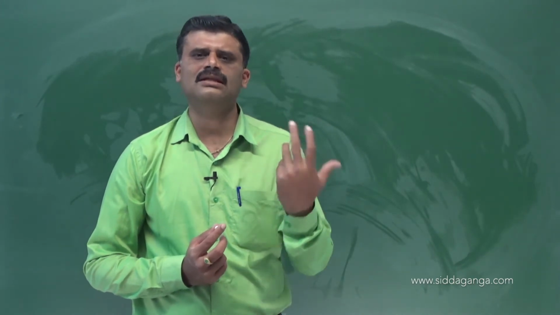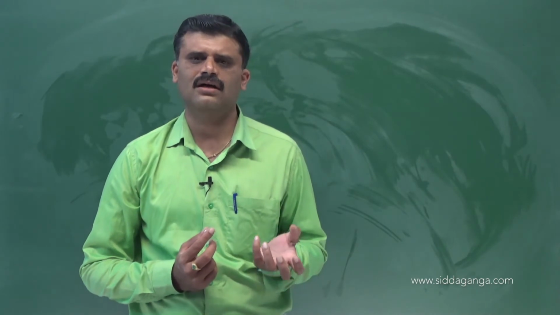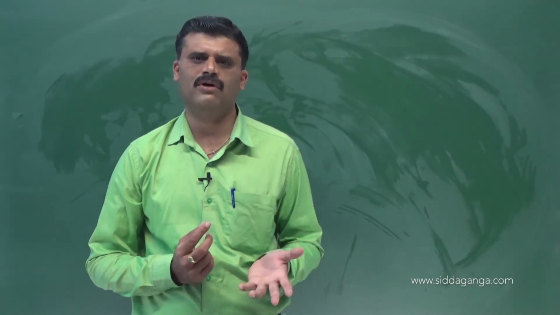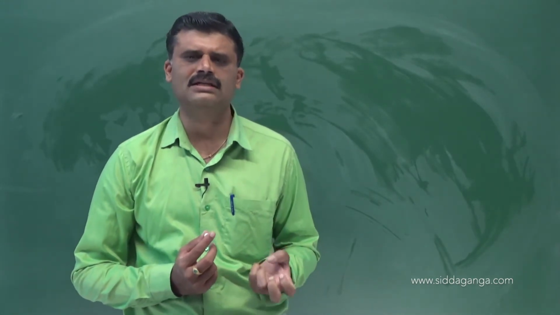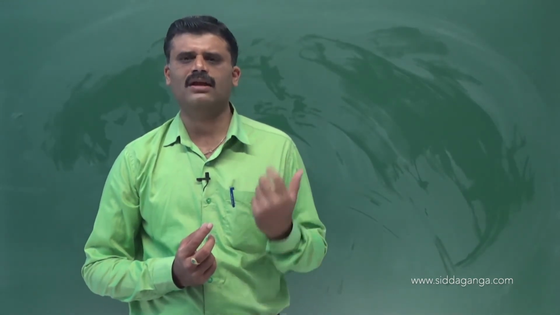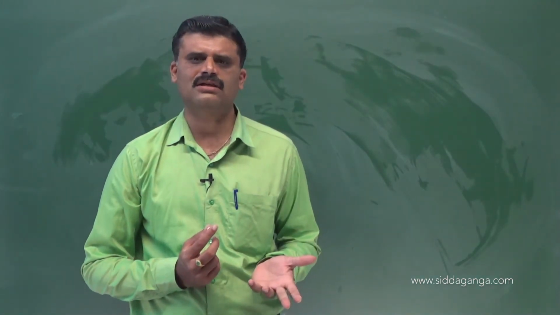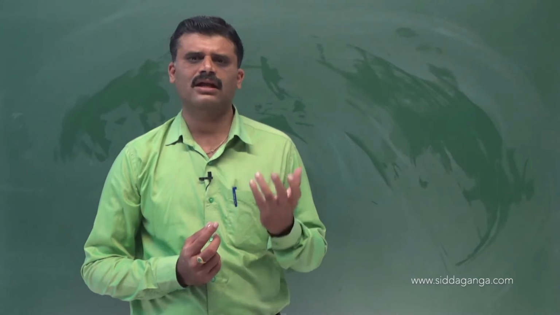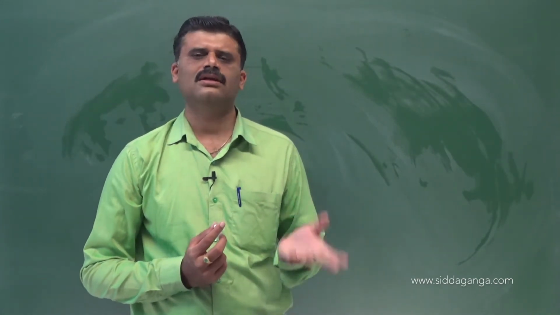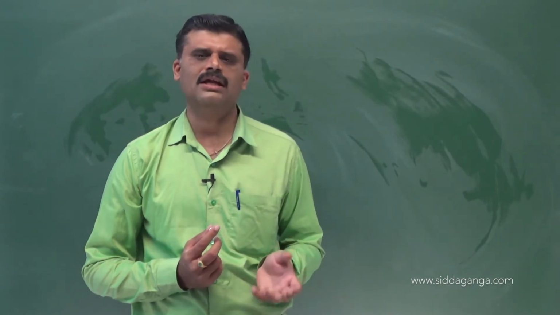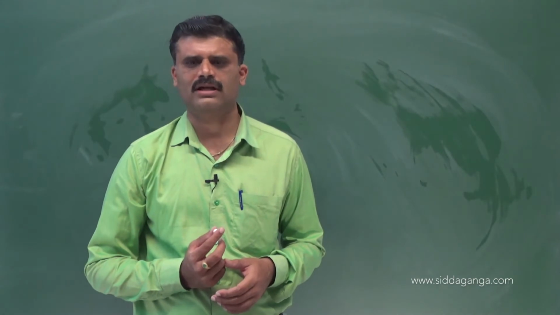Oxidation of electrons from NADH2 and FADH2, the energy rich molecules, releases energy, and that energy is utilized for addition of inorganic phosphate to ADP to form ATP. Then it is called oxidative phosphorylation.